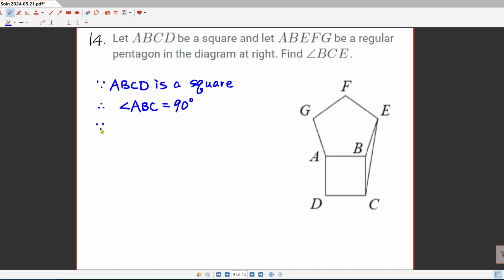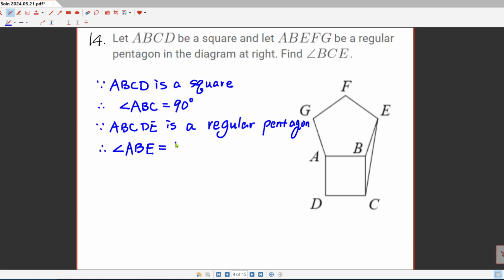And because ABEFG is a regular pentagon, we have angle ABE is 108 degrees, right?